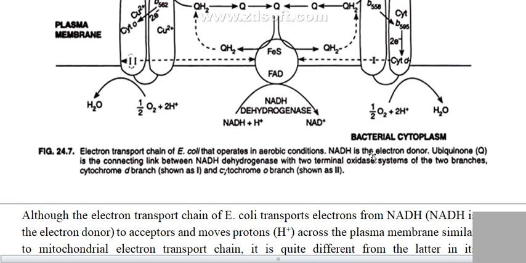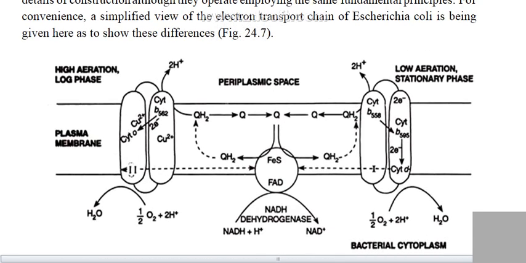So, what happens? NADH is the electron donor, and ubiquinone is the connecting link between the NADH dehydrogenase and the 2 terminal oxidases of the 2 branches, that is the cytochrome D branch shown in 1 and the cytochrome O branch shown in 2. Okay, so this is your 2 and this is your 1.